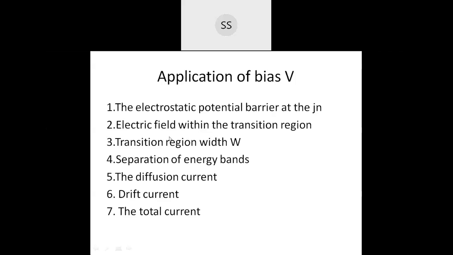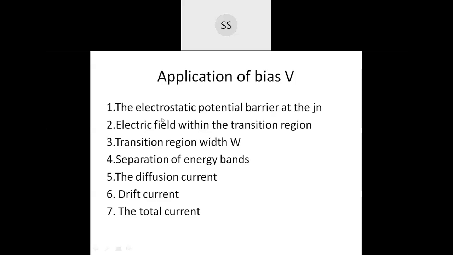So what are the parameters that are affected because of the application of this particular bias? They are listed here. The first one is the electrostatic potential barrier at the junction. Because of that external biasing, what is going to change is the electrostatic potential barrier at the junction. So this is the first parameter.